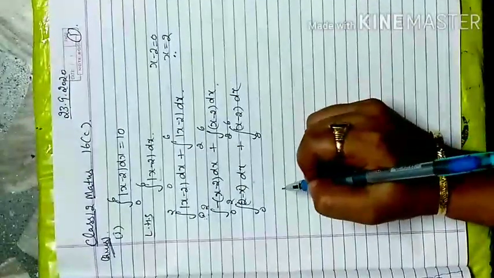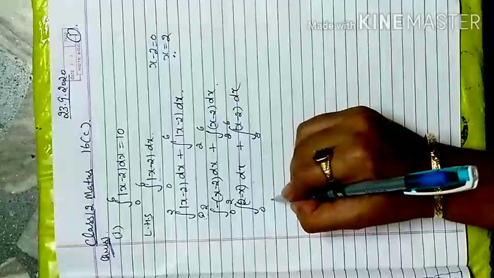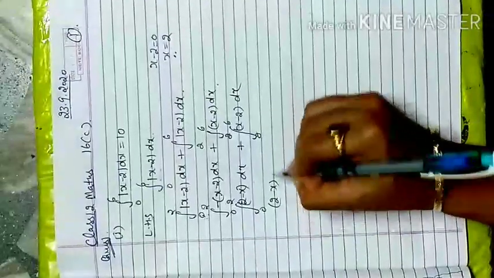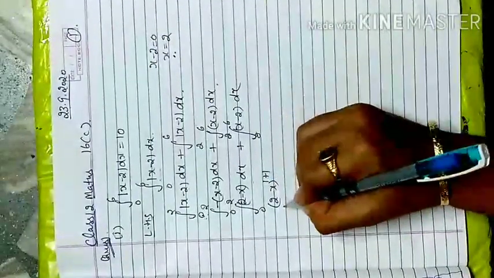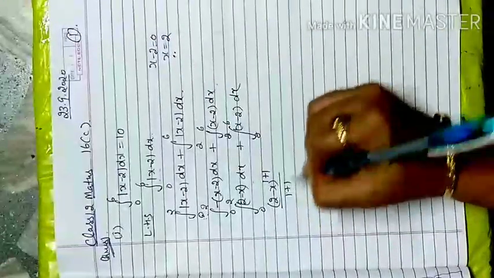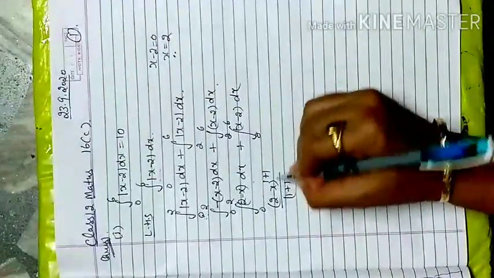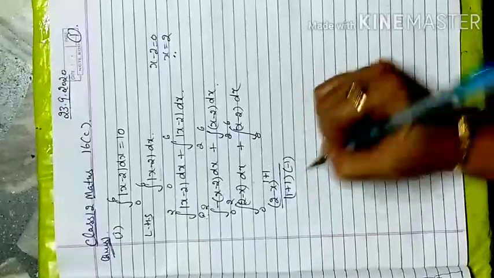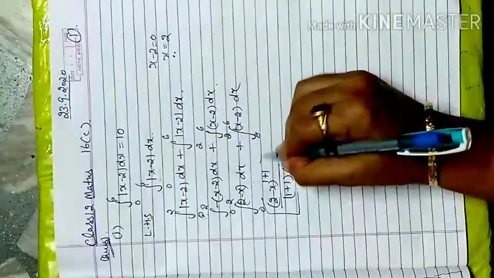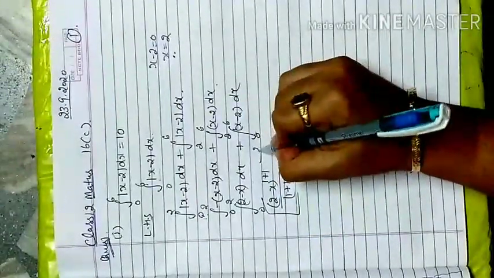Here we consider it as power 1. When you integrate this, 2 minus x raised to power 1 plus 1, and that is also in the denominator, and the differentiation of 2 minus x is minus 1 accompanied with that. So this minus sign is now shifted to this side.